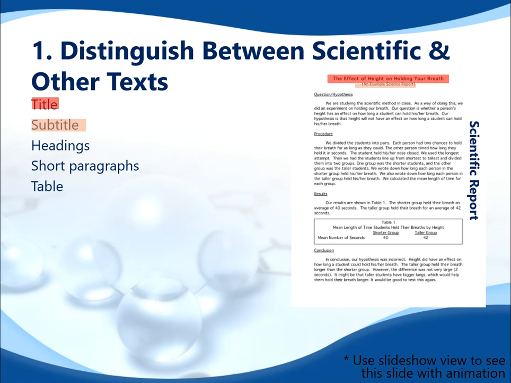It's a title and then they like putting a subtitle. Not always, but often. And then every academic paper has sections, and those sections have titles. And we use those titles to prepare the reader for what is coming, right?